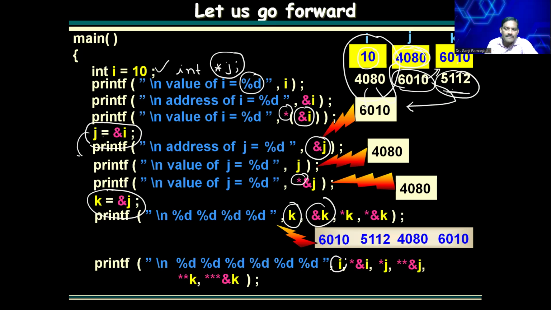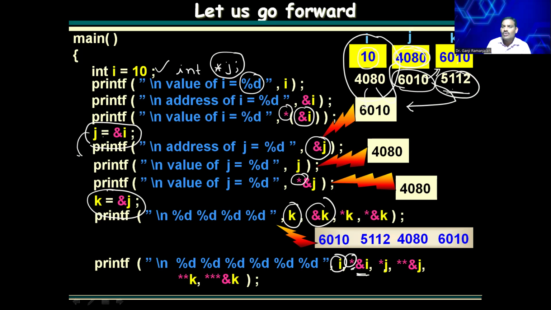What is I? 10. What is star ampersand I? Clearly observe, very, very important. Better to take a screenshot also. What is I? 10. What is ampersand I? 4080. What is star? Value at 4080.